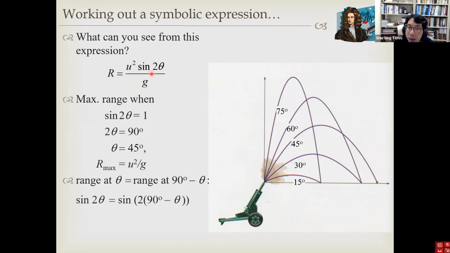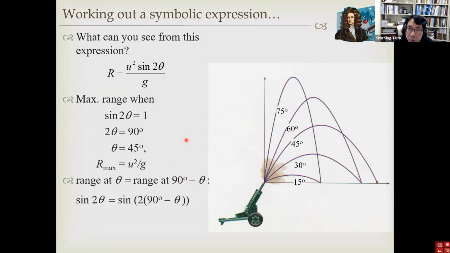Now you can see there's a symmetric property between the angles that are larger than 45 degrees and smaller than 45 degrees. You can easily see that the range at theta is actually equal to the range at 90 degrees minus theta. How do you know that?